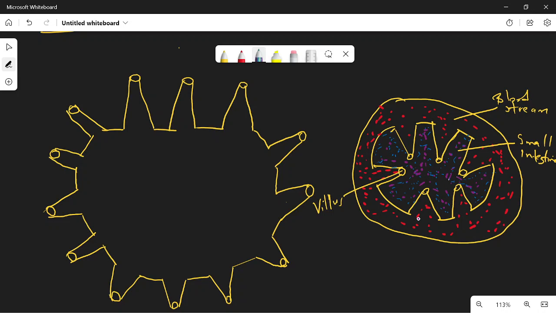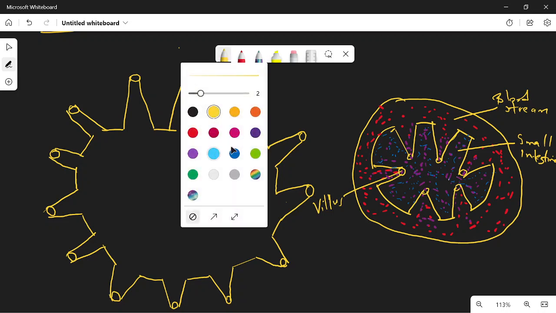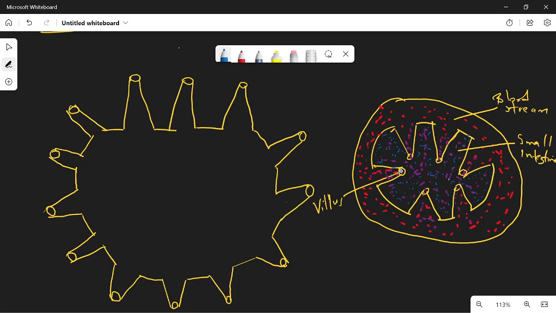Do we understand? So that is what happens in the small intestine. Gradually the nutrients start moving out into the bloodstream through the villus.